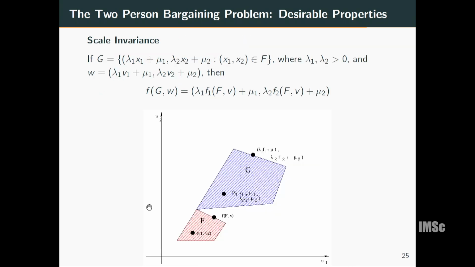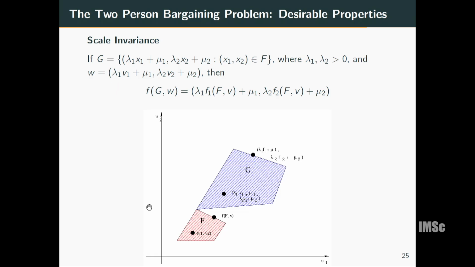Perfect. The next property is called the scale invariance property. What is the scale invariance property? Do not look at the math for now, just understand the intuition. Scale invariance is simple. Whatever your feasible set was, capital F, what you are doing is scaling this complete feasible set by something.